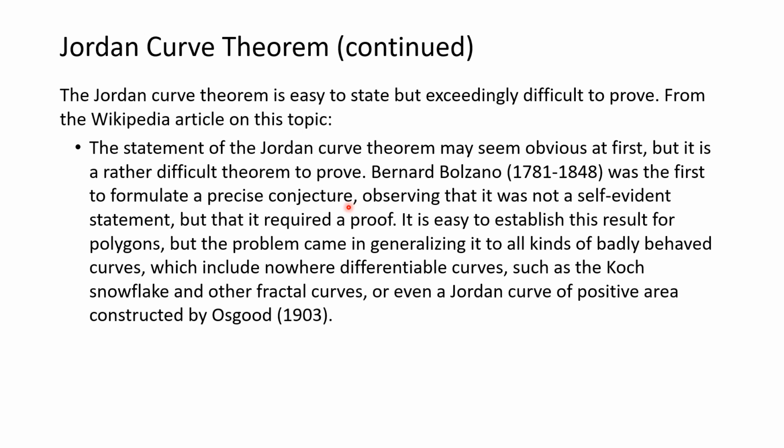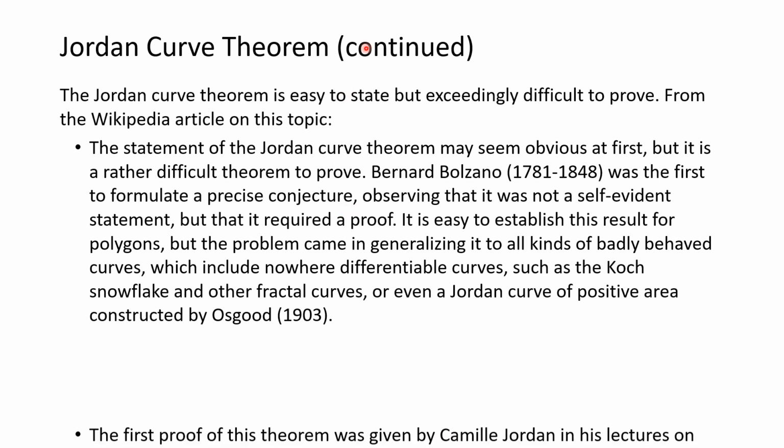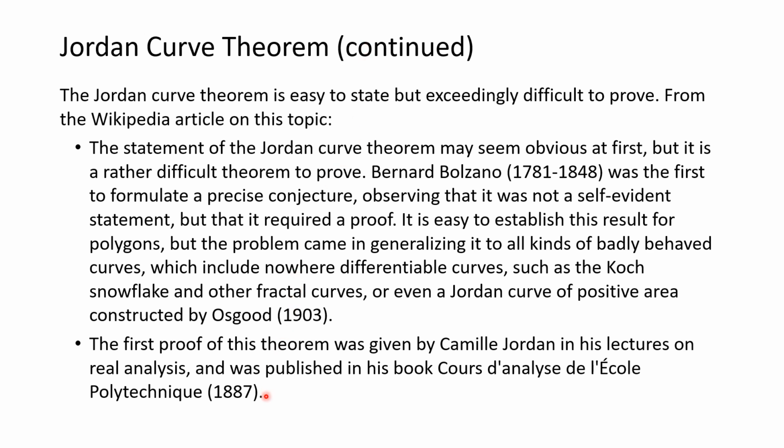There were a lot of false attempts at proving the theorem, and it wasn't until 1887 that Camille Jordan published the proof. After some time, it was thought that this was not a rigorous proof, and other proofs were provided. But then more recently, the claim is that actually Jordan had a valid proof, and so that's the state of affairs. And in any event, the theorem is named after Jordan.